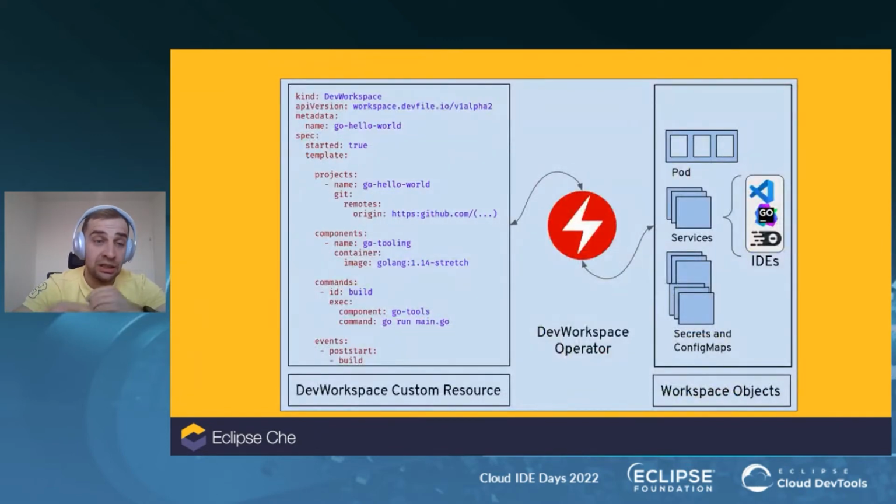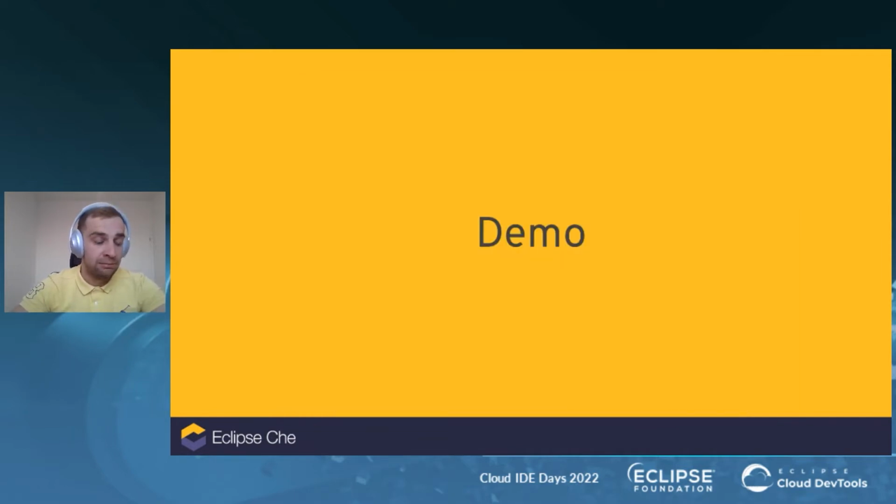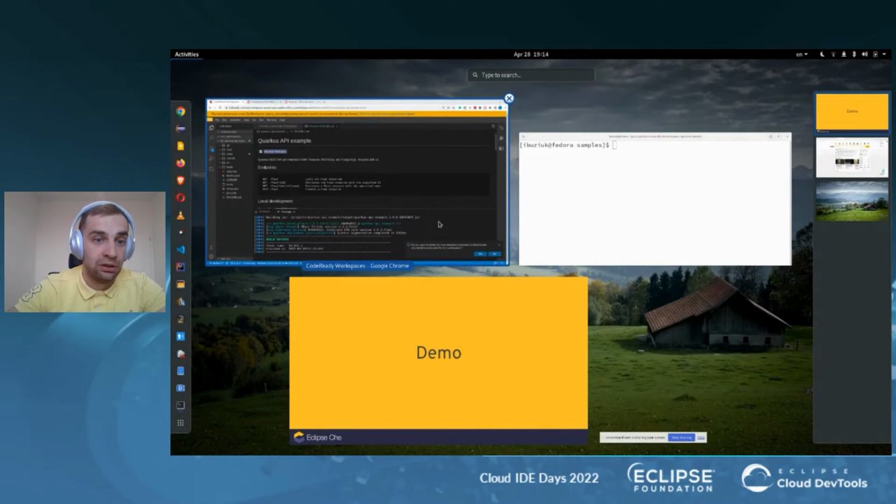So how it works, basically from the devfile, we create the custom resource, that is a Kubernetes API custom resource, which is called DevWorkspace. And the DevWorkspace custom resource is managed by this DevWorkspace operator, which actually creates the workspace objects based on this custom resource.